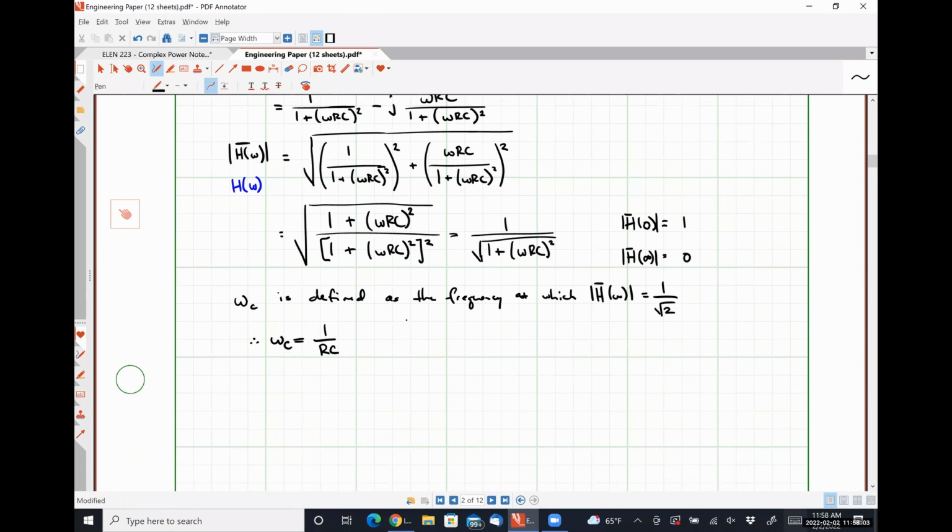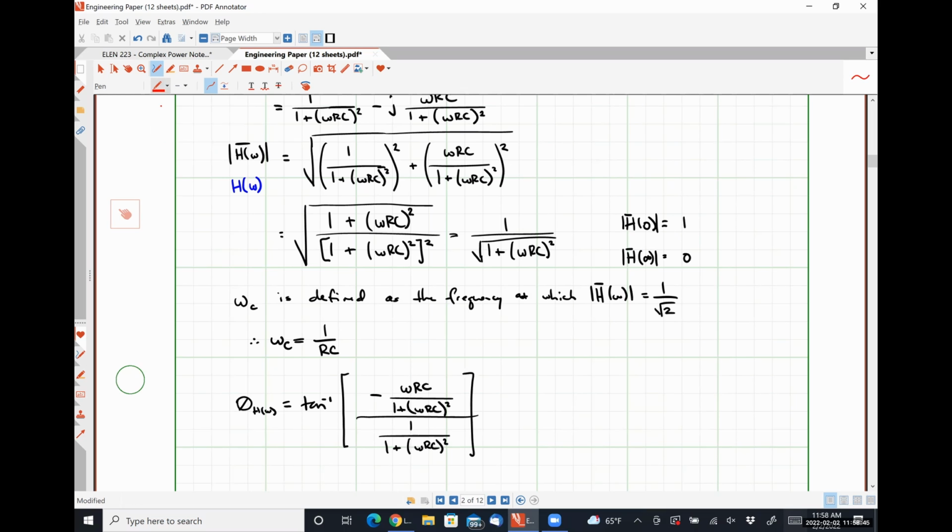So our phase response, theta h of omega, is simply the arctangent of the imaginary part, which is negative omega RC divided by 1 plus omega RC quantity squared, all divided by the real part, which is 1 over 1 plus omega RC squared.